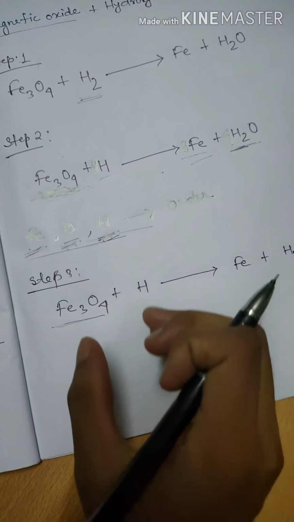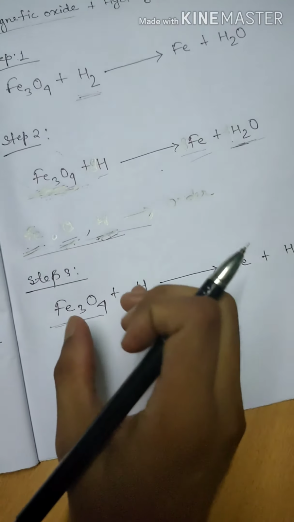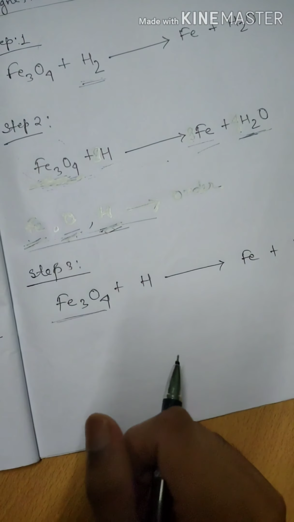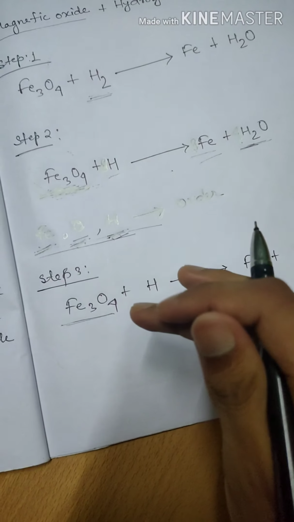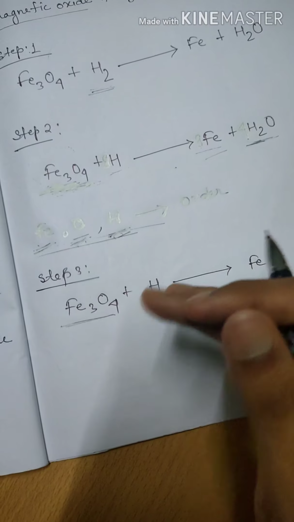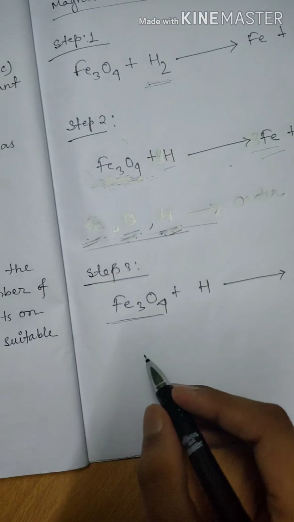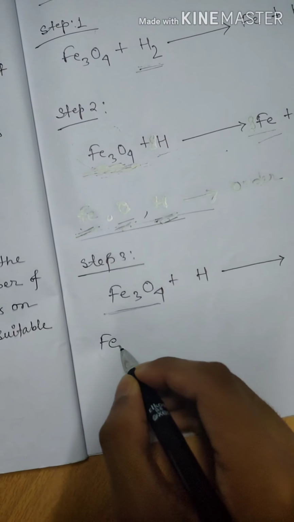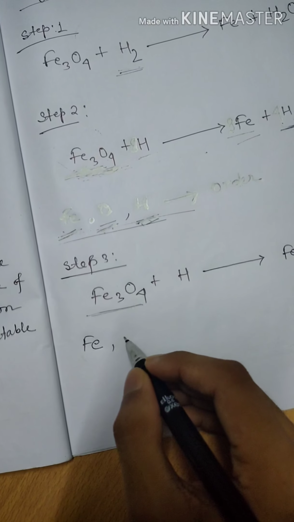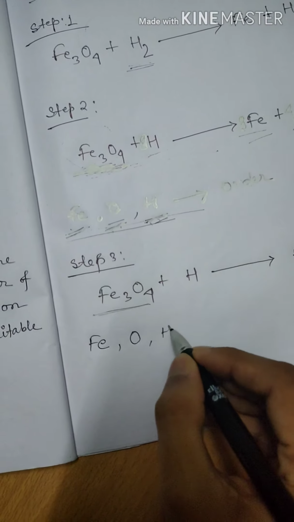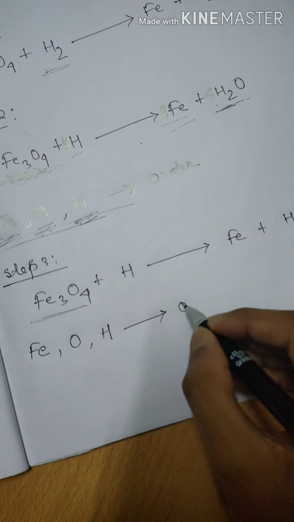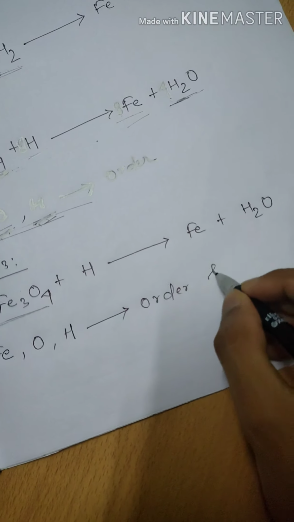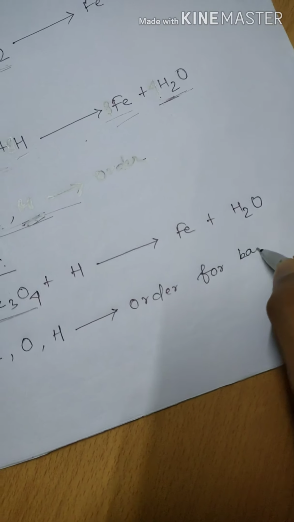So we have to balance first the elements of this biggest formula. The order for balancing this reaction will be the Fe iron atom, then the oxygen atom, and then the hydrogen atom.